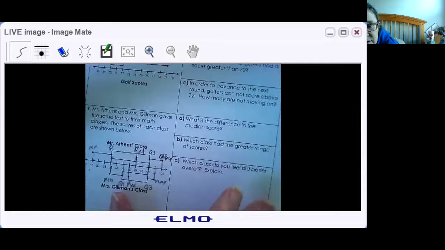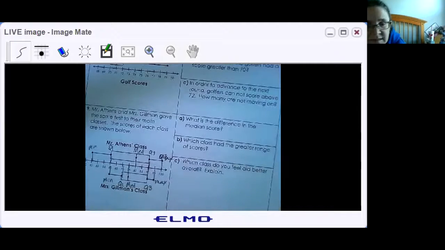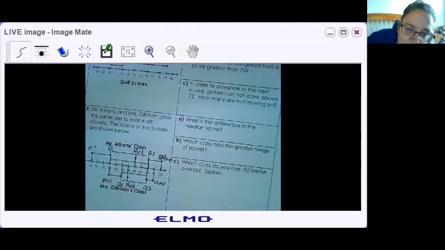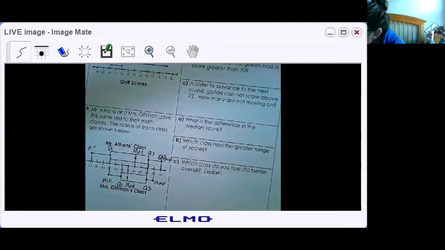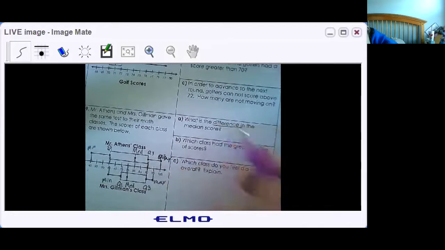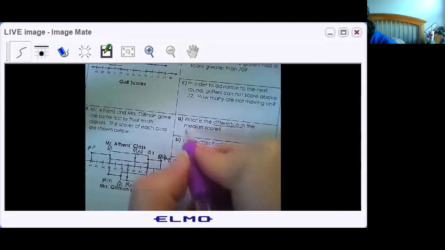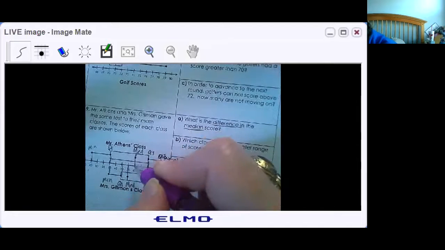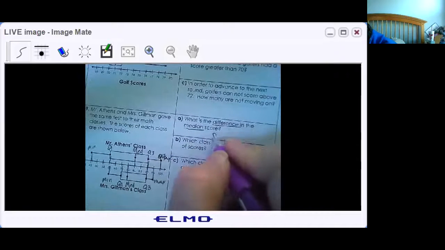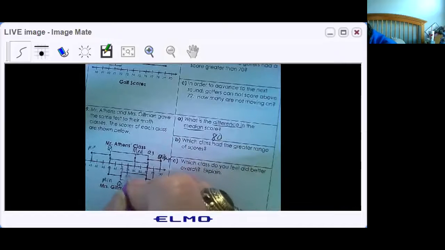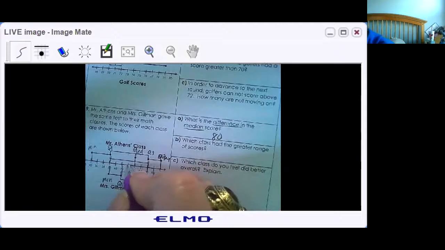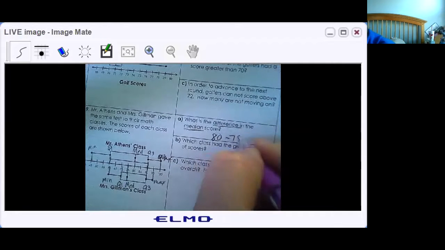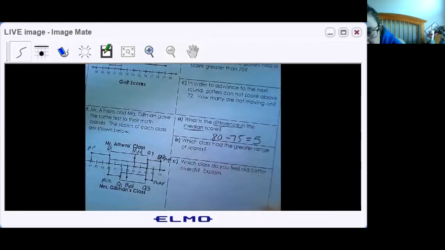So it says, what is the difference in the median scores? So difference implies I'm subtracting, and I'm looking at their median scores. Well, Mr. Athens had a median score of 80. Miss Gilman had a median score of 75. So the difference between those is 5.